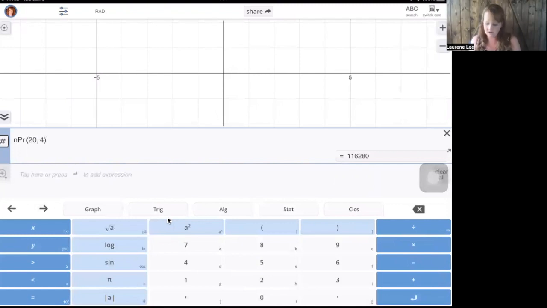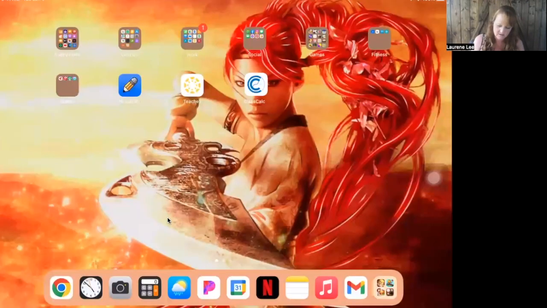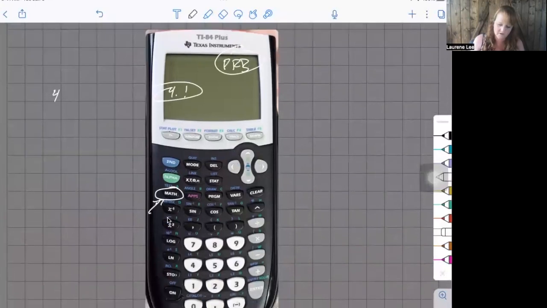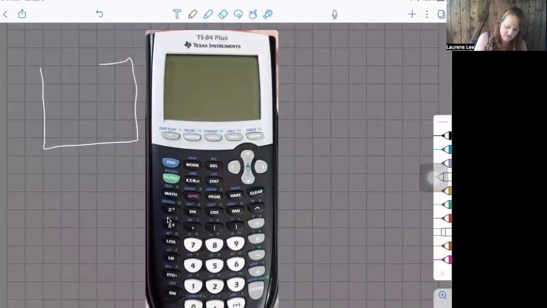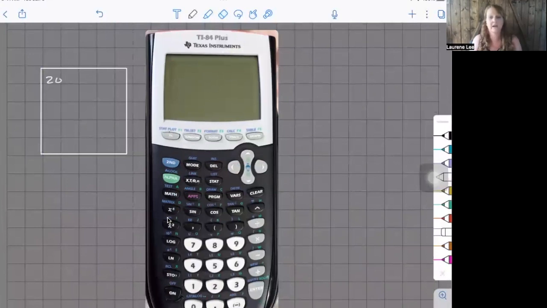Okay. On the TI, this is the one where you'll want to start in your home screen, and you'll want to start by typing 20, your n value. Then you're going to go into math and over to probability and go down to nPr, which is the second option.